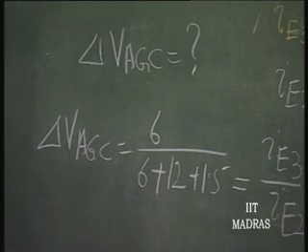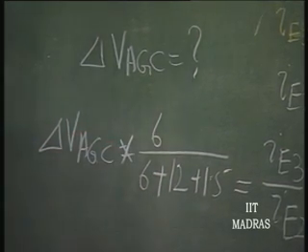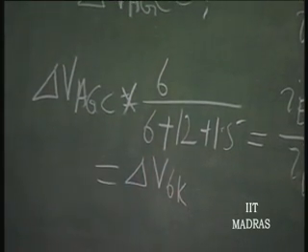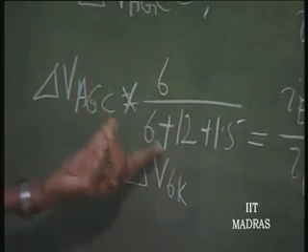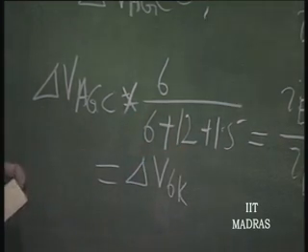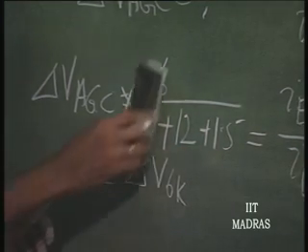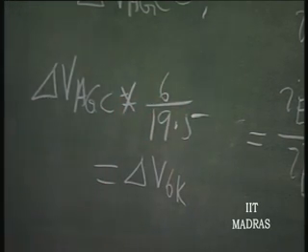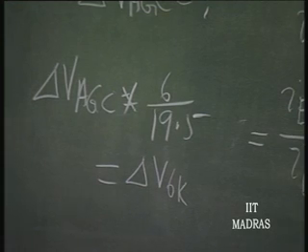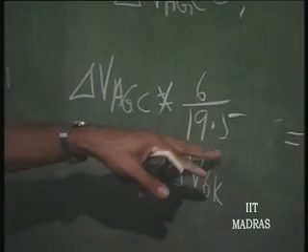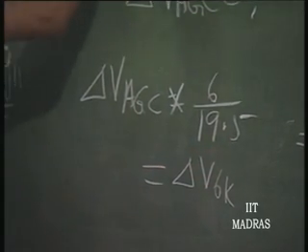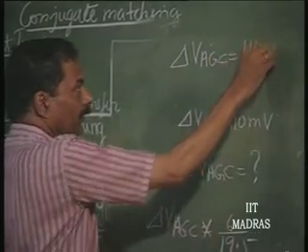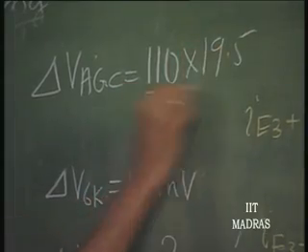Delta VAGC is attenuated by this extent, and that is delta V6K. Delta VAGC into this factor, 6 divided by 19.5. So, if delta V6K is 110 millivolts, then delta VAGC is 110 into 19.5 by 6.